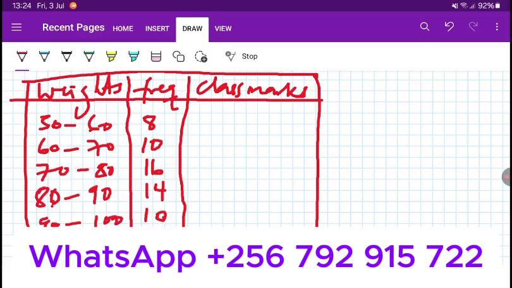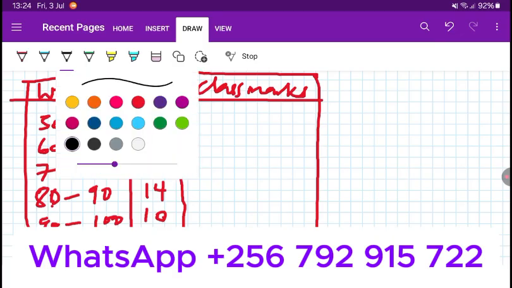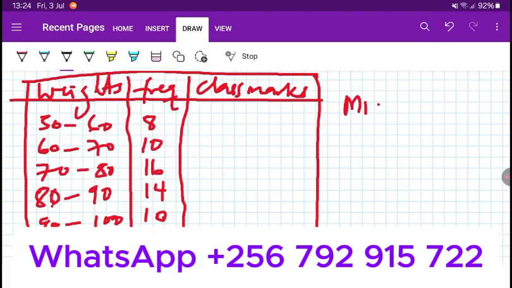So we can first get the midpoints. For us to get the midpoints, we add. These are exclusive classes, meaning the class boundaries are the same as the class limits. So these can be class limits or class boundaries.